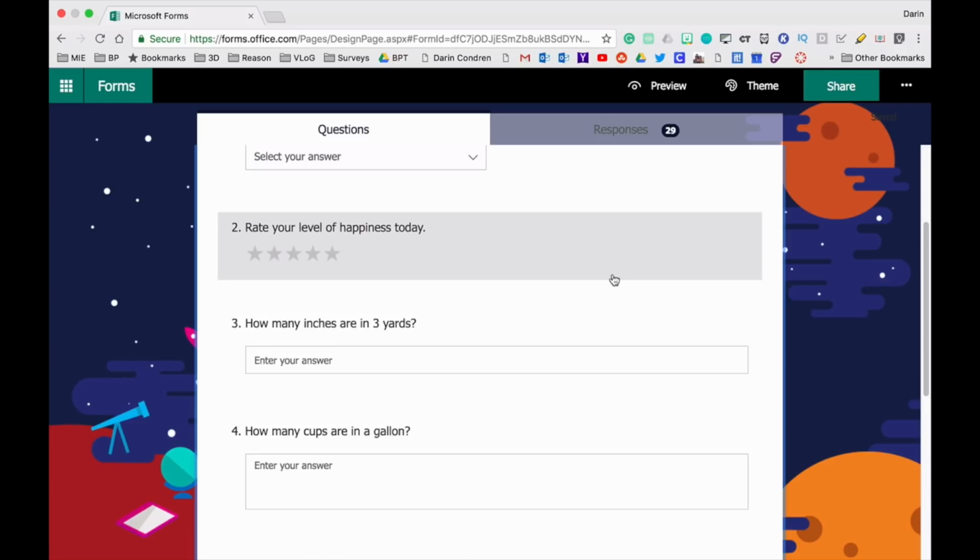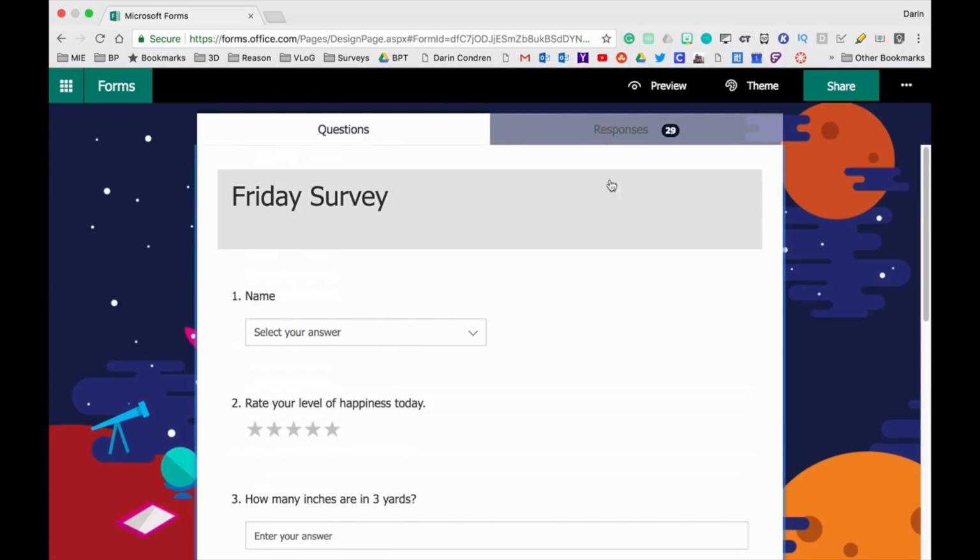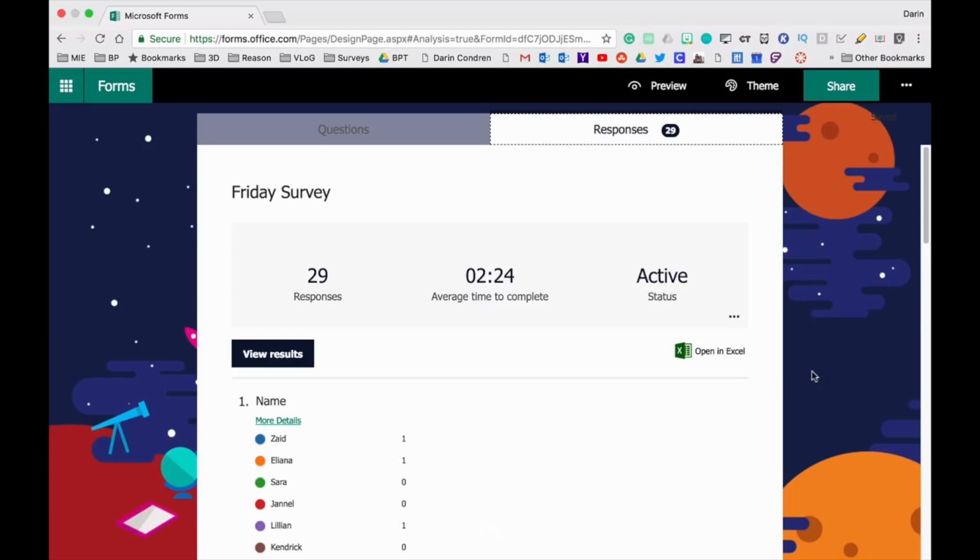I don't know that I would use these on days like that for grading, but the reporting, the data that you get from these surveys using Microsoft Forms is incredible, you guys. It's incredible. So let's take a look at some of the data that we got.